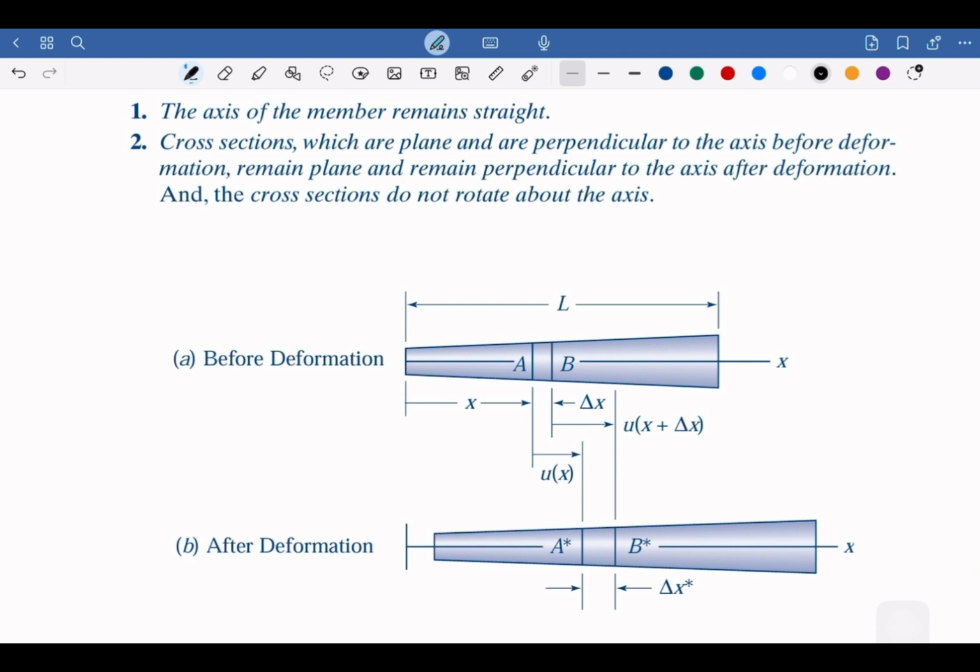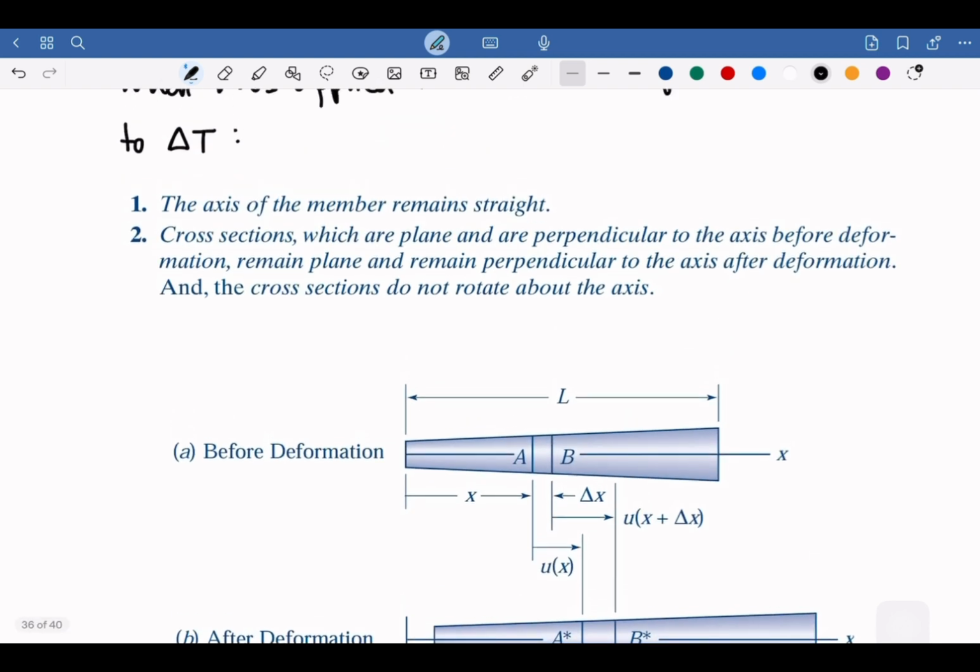So this is the basis and all the assumptions within the topics. We call this the kinematic assumptions: plane, and then remain plane.